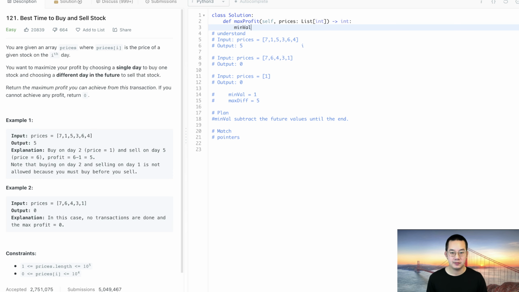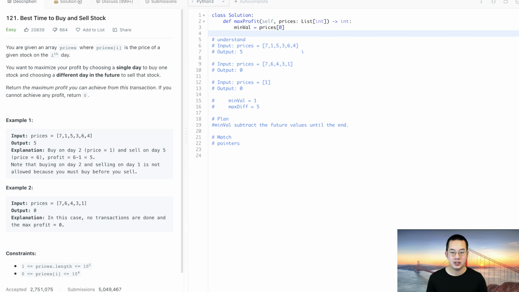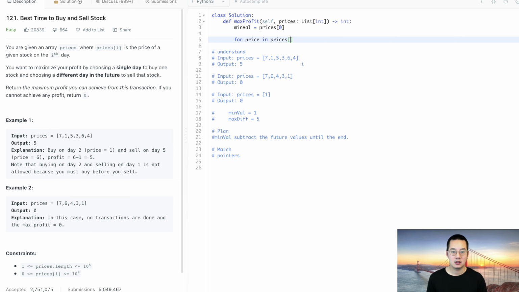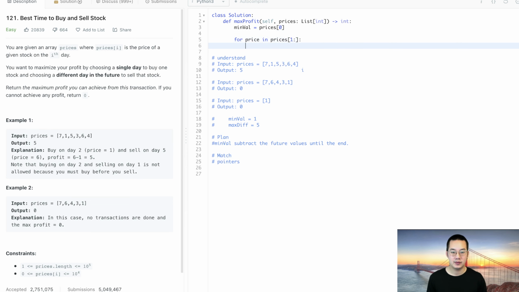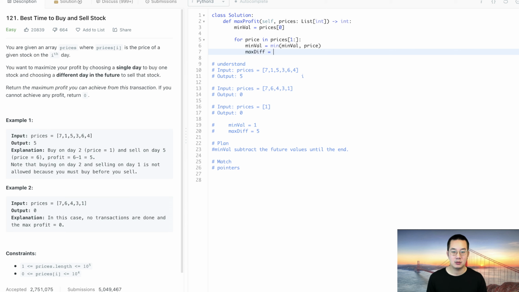So we have min val equals prices at 0. For price in prices from 1 onward, we take min val equals the min between min val and price, and we'll take max diff to be equal to the max of max diff and price minus min val, and that's the maximum difference.